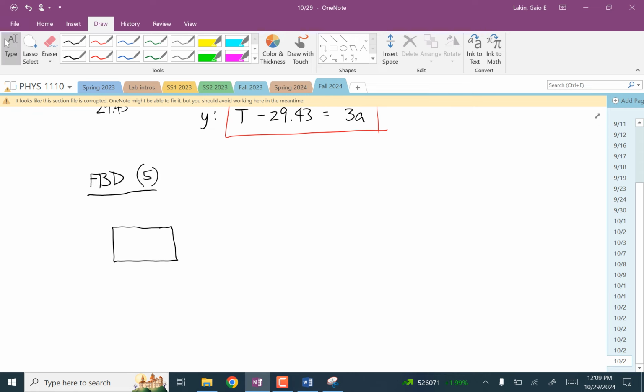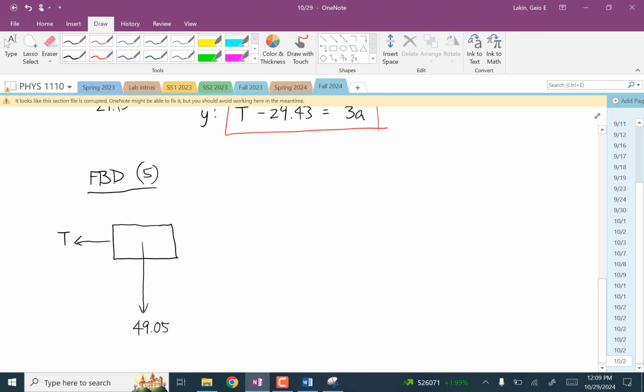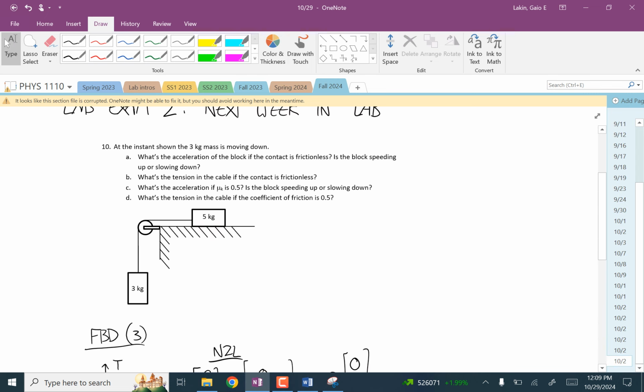So what are the forces acting on this? There's a weight force down of 49.05. There's a cable force here. It's the same cable as the 3 kilograms, so it has the same variable. And now the friction force, let's see.